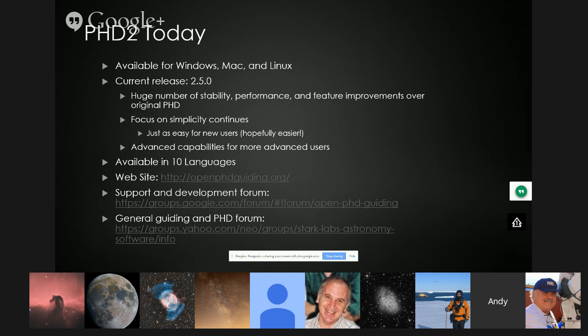We have a website, and we still continue to support the program through the Stark Labs forum. But we also have a dedicated forum in Google Groups, and that tends to be more geared towards development and feature requests. And we're tapping into all of the guiding experience in the Stark Labs PHD1 forum to continue to support PHD2.